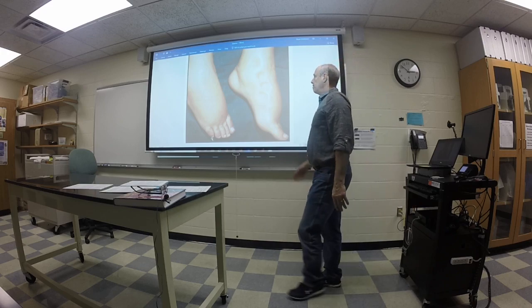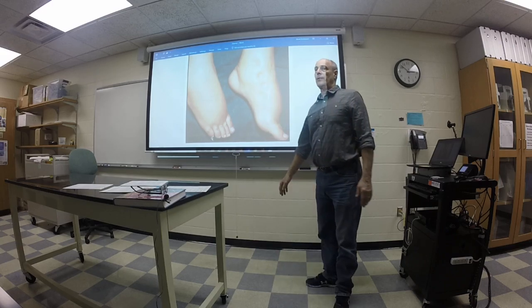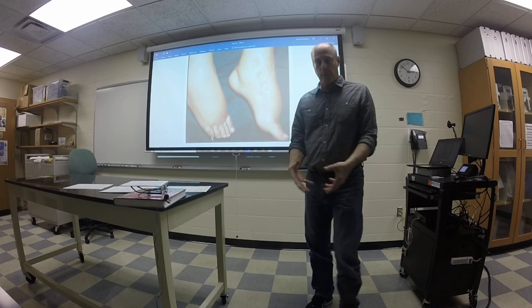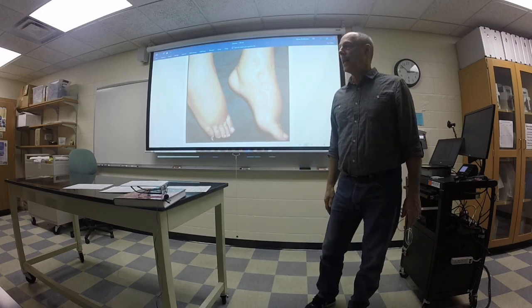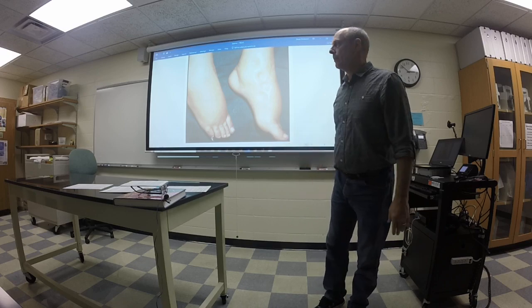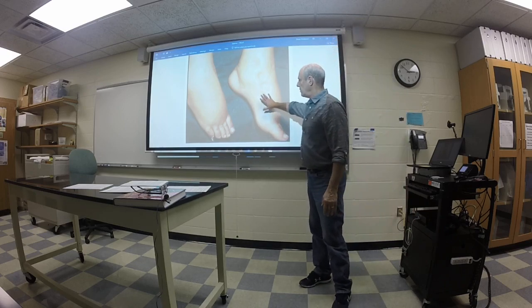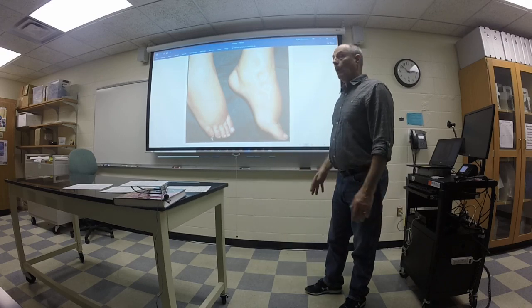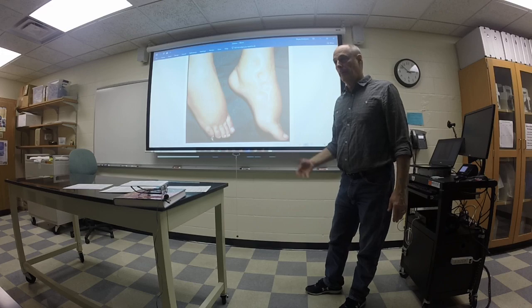Well, this can be caused by a number of things. You might have an elderly family member that has to wear compression socks, tight-fitting socks that help move blood and then lymph out of the extremities. Remember, this would be an area that's most distant from the heart, from the pump, and so most likely to have a fluid buildup in it.